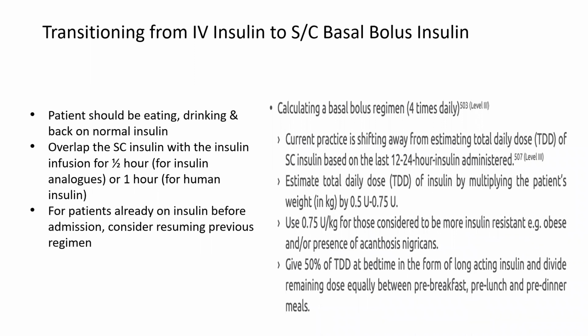The other 50%, we divide equally between pre-breakfast, pre-lunch, and pre-dinner. So it's no longer adding up the insulin requirement for the whole day to calculate a basal bolus regimen. We are starting to use this weight-based requirement instead.